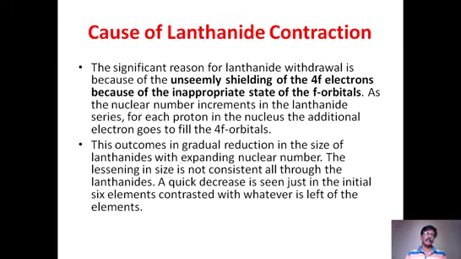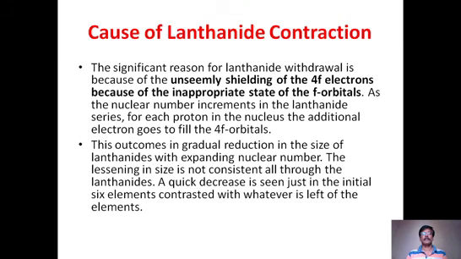The reasons for lanthanide contraction: the significant reason is the poor shielding of the 4f electrons because of the shape of the f orbital. As the nuclear number increases, that is, the nuclear charge increases across the lanthanide series, for each proton in the nucleus, the additional electron goes into the 4f orbital.